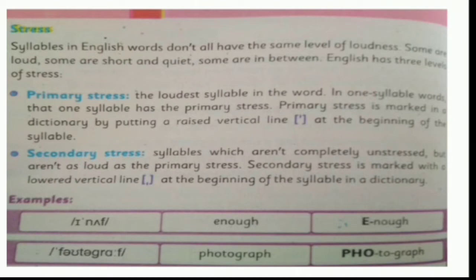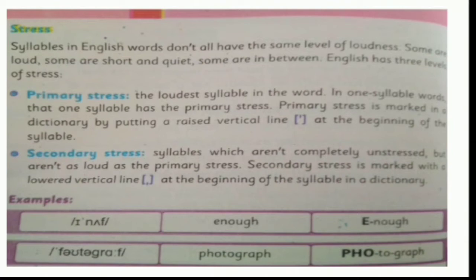First, we call primary stress the loudest syllable in the word. In one-syllable words, that one syllable has the primary stress. If a word consists of a single syllable, it must be produced louder comparatively than a word with 2 syllables, and this stress we call primary stress.